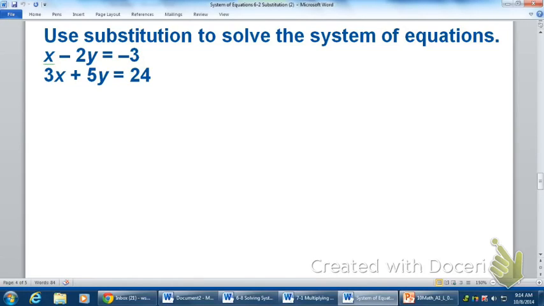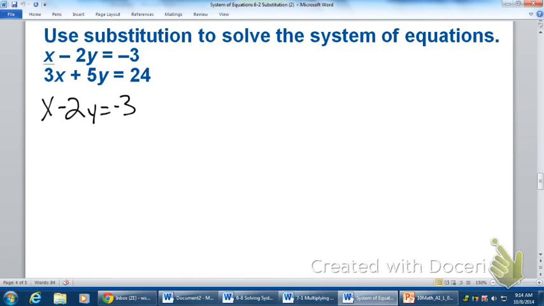I always like to do the easiest one. So if I'm looking at these two equations, it looks like to me if I use that first equation and I solve for x, it would be pretty simple because I would just need to do one step. How would I solve that first equation for x?